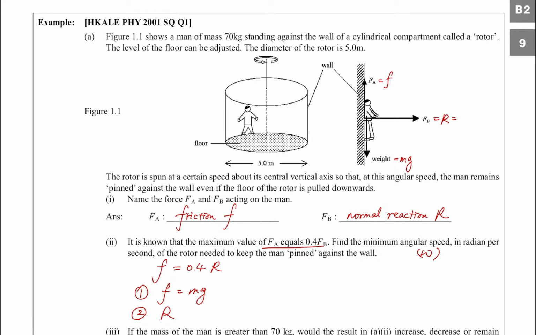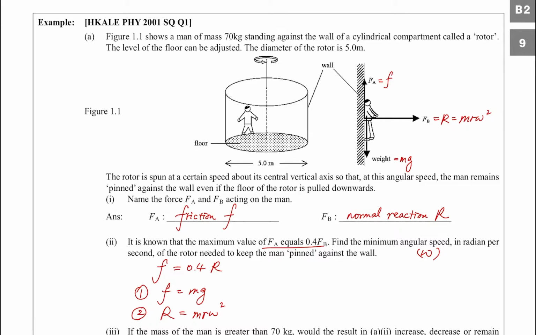And also, secondly, the normal reaction force is equals to mr omega squared, because the normal reaction force is there to provide the necessary centripetal force.